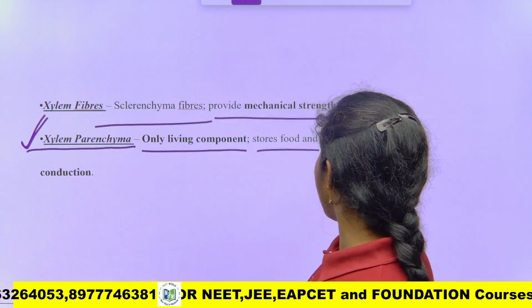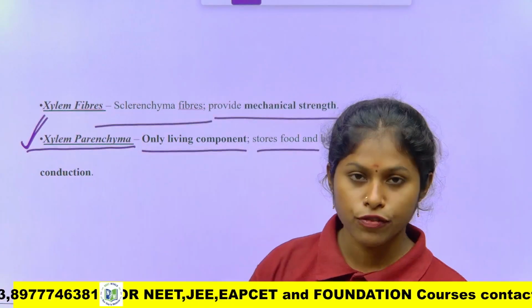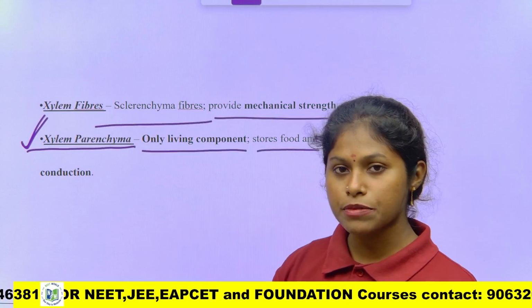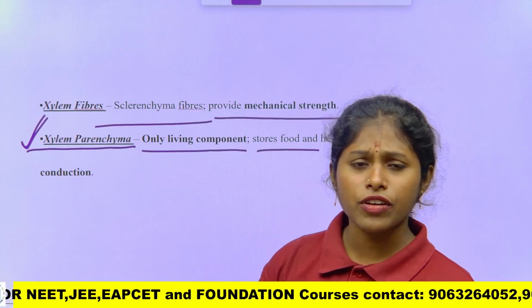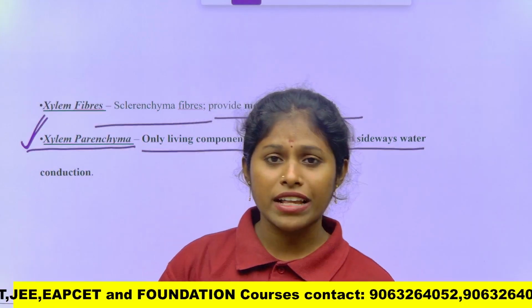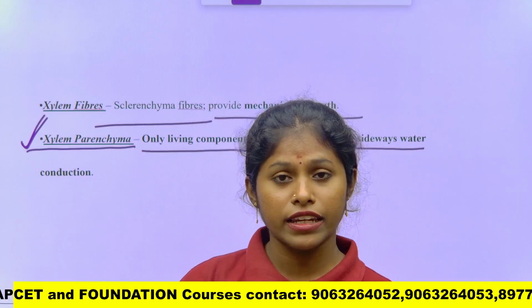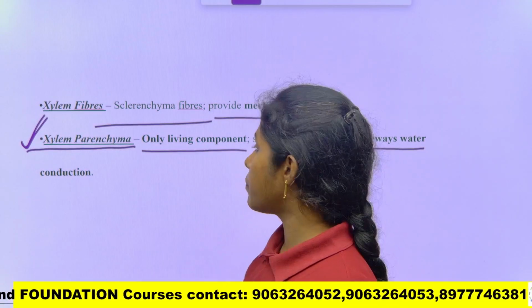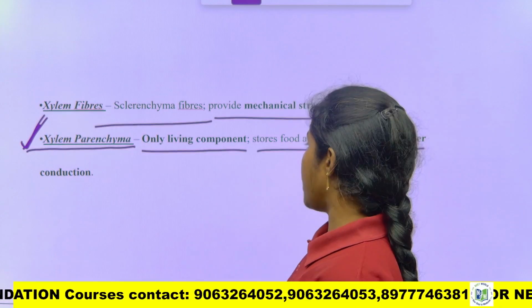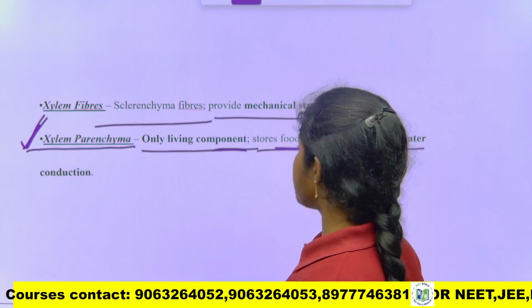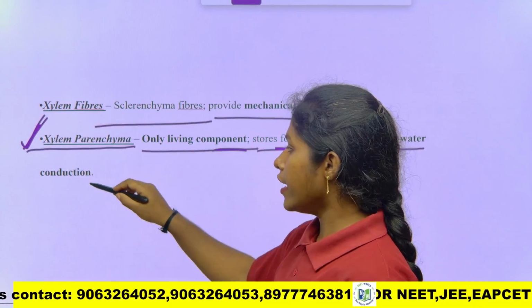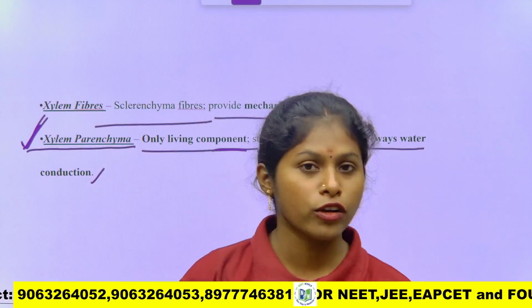It stores food and helps in sideways conduction of water. Also, if any damage happens in the vascular tissue, which means xylem, it will be repaired by this xylem parenchyma. This is what we have about the 4 main components of the xylem. I hope you are all clear, children.